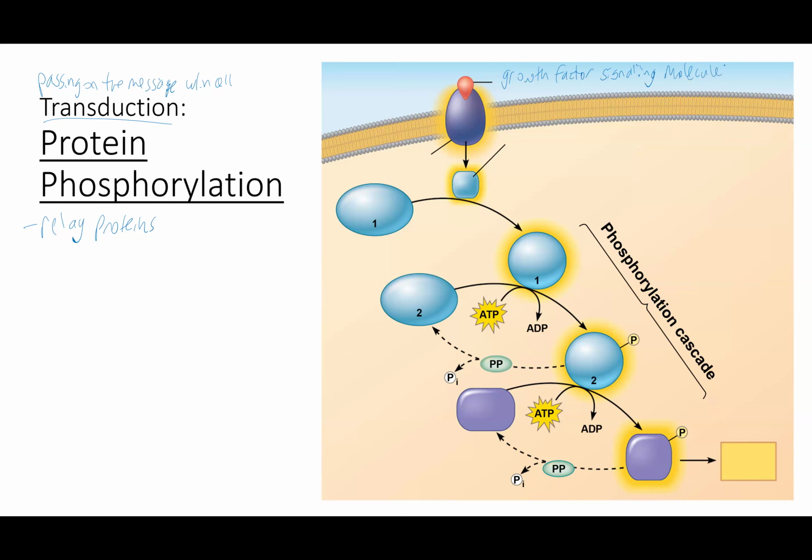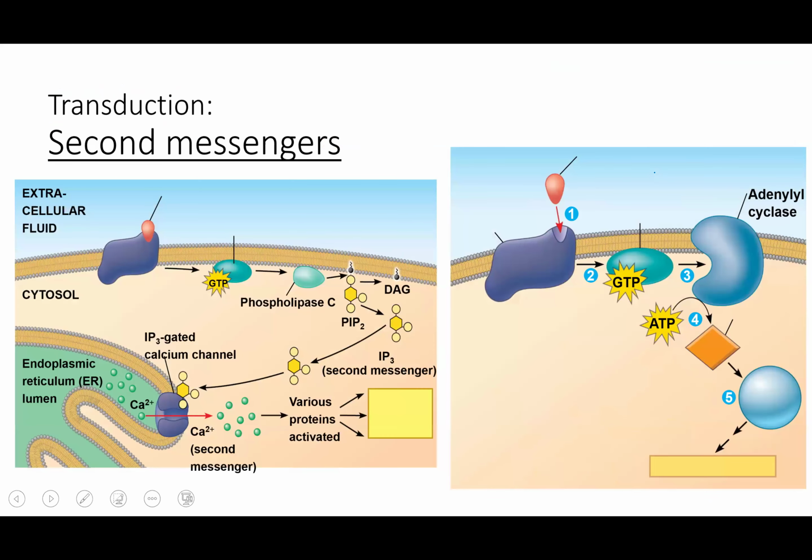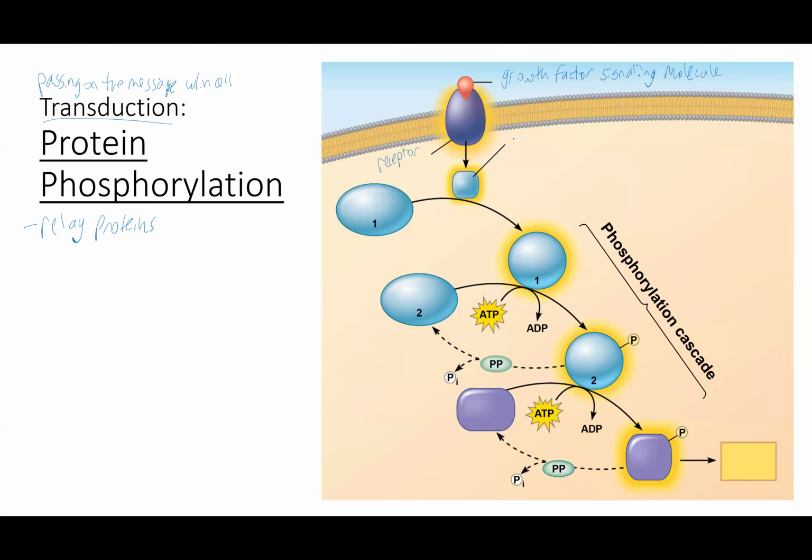So you're in the starting blocks and the gun goes off. That's the signaling molecule going to bind to this receptor protein. We'll consider this the first leg of the relay.